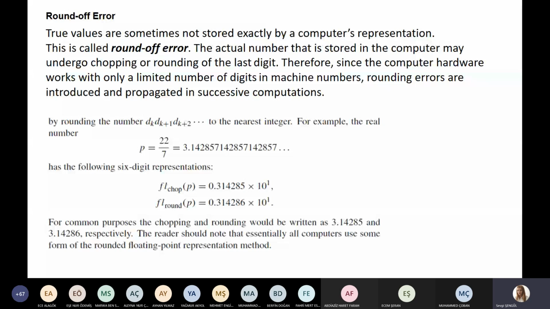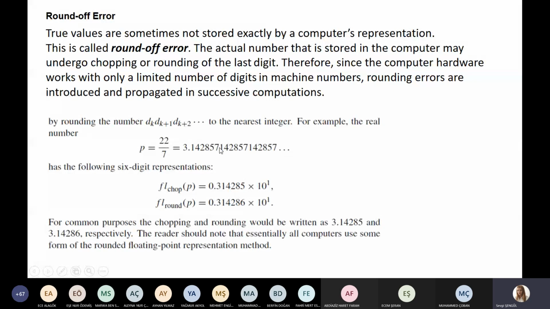Another error is round-off error. This is something you are familiar with. So, for example, for pi, check that out. You can round this number to 6 decimals, or you can chop that number at 6 decimals.